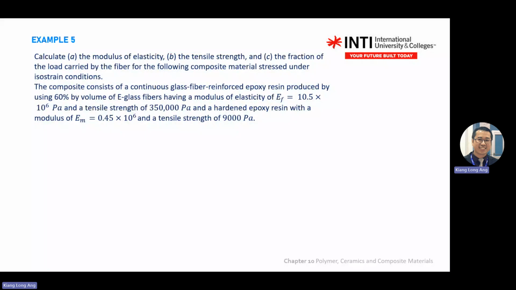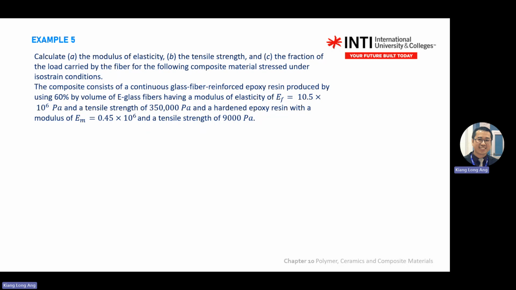Now we apply this formula. First, calculate the modulus of elasticity, which is the modulus Young, E, tensile strength, which is the stress, and fraction of load carried by fiber relative to matrix, so F fiber divided by F matrix, right? Under isostrain condition, you use this full set of equations 1, 2, and 3 to find the answer.